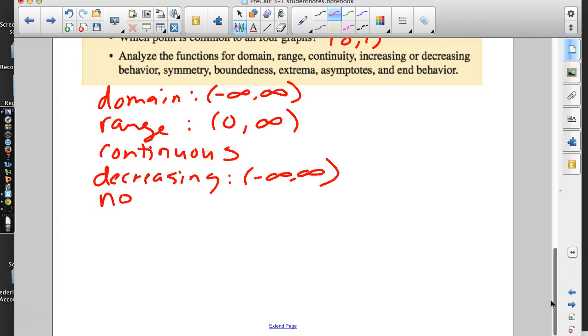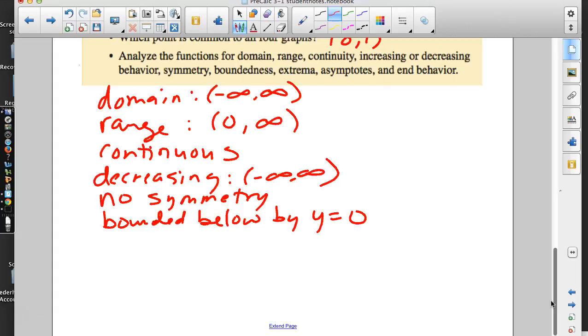Nope. No symmetry. How about boundedness? Bounded below again? Bounded below by what? Y equals 0.